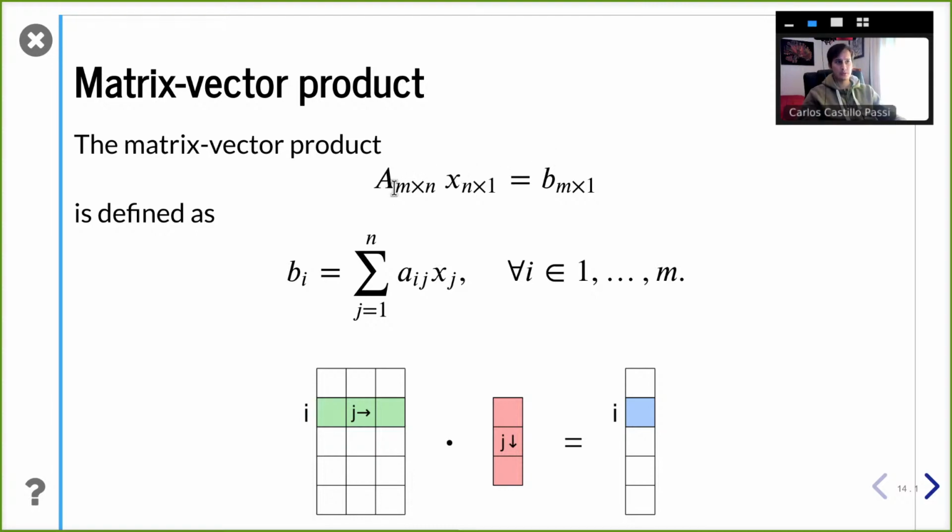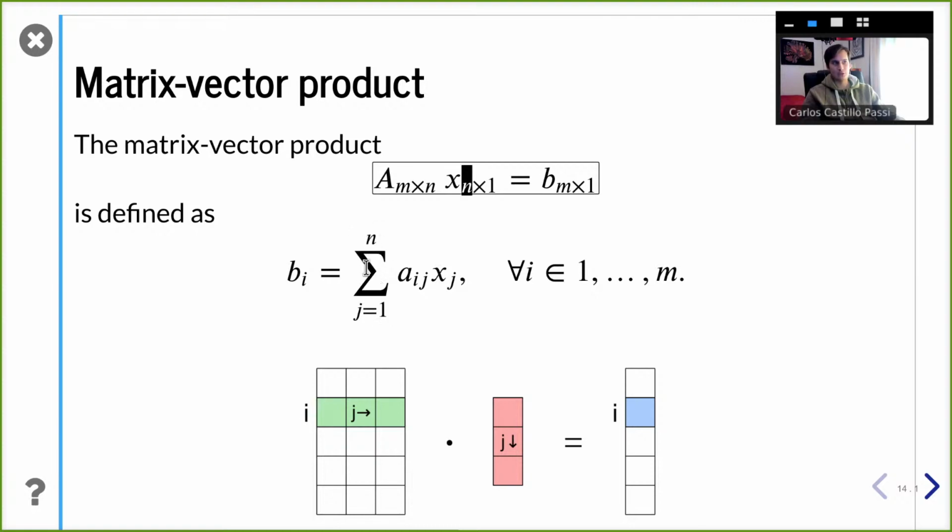A good way to think about why this resulting vector has m rows is that if you see the dimensions, m times n and n times 1, this n and this n cancel out because you're doing a summation on this index.